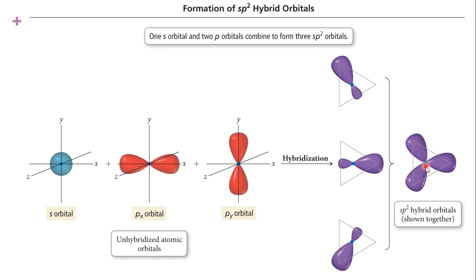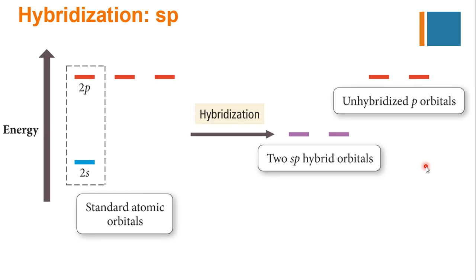Okay. So we looked at putting 4 orbitals in, getting 4 hybrid out. We looked at putting 3 orbitals in, getting 3 hybrid out. What do you think is next? Yeah, putting 2 orbitals in, getting 2 hybrid out. So here I'm putting in a 2s and a 2p. So 1, 2 orbitals in.